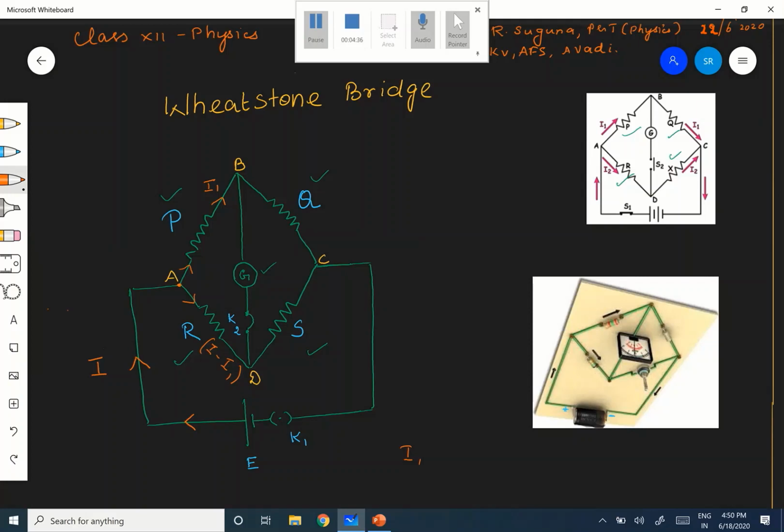If you add both, it will be I. Therefore I is entering and a total current I is leaving A. Are you following? Therefore you have applied Kirchhoff's first rule. Like that, you have to see at the point A: I is entering and I is leaving.